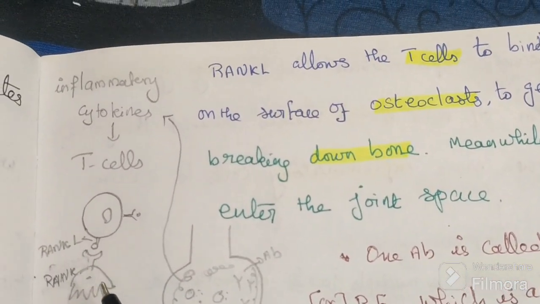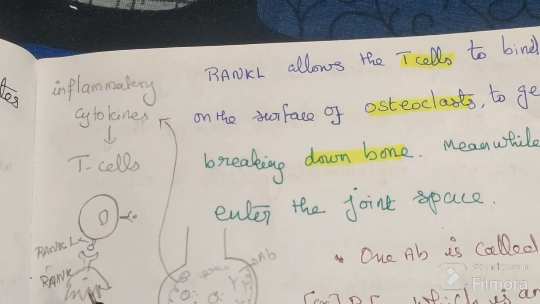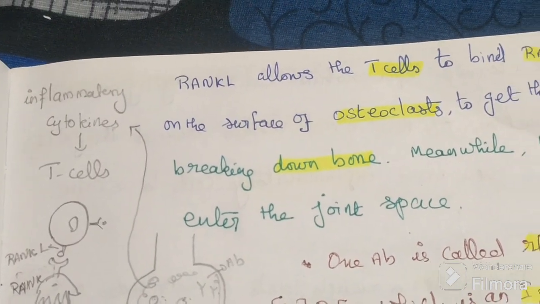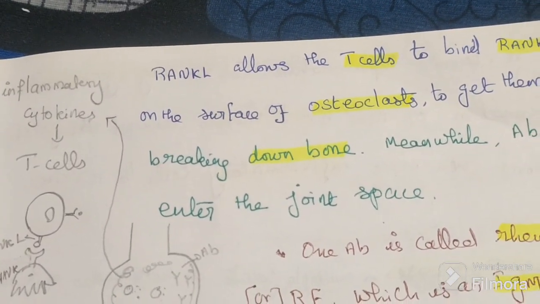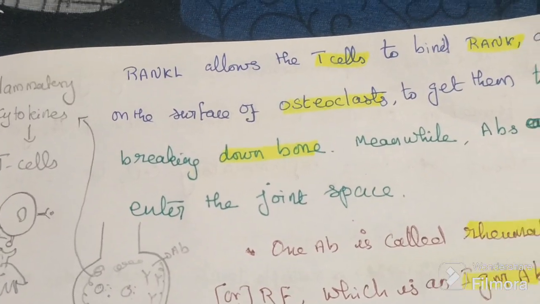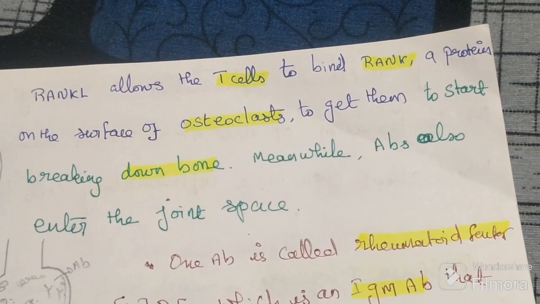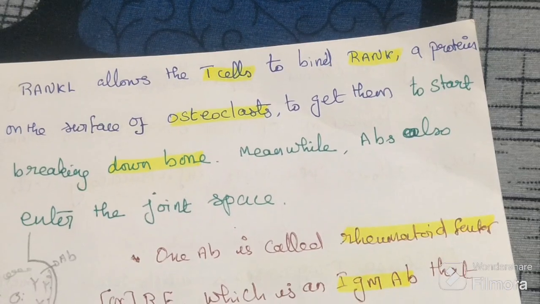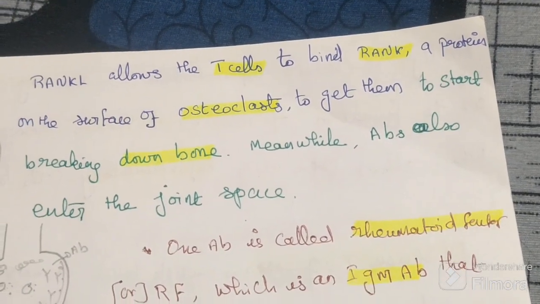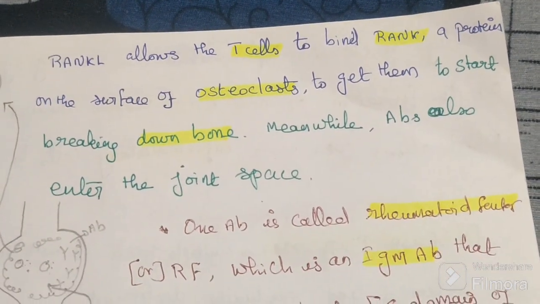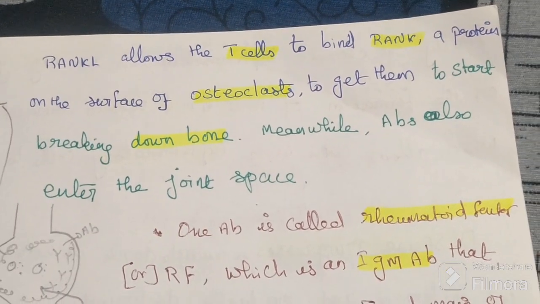RANKL allows the T cell to bind with RANK, a protein on the surface of osteoclasts, to get them to start breaking down bone. Meanwhile, antibodies also enter the joint space.